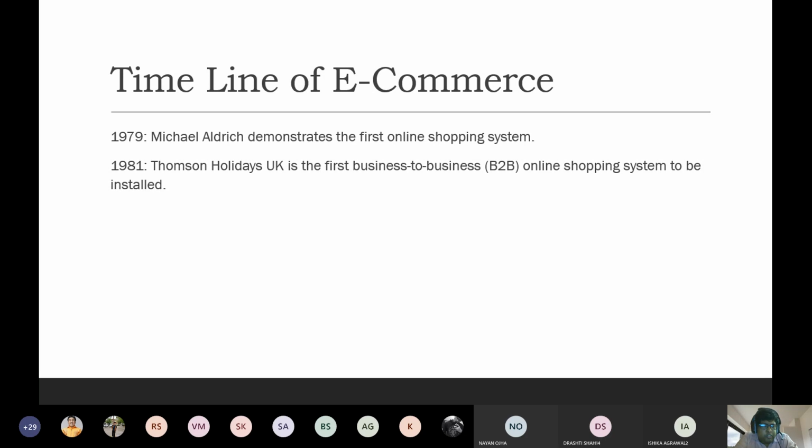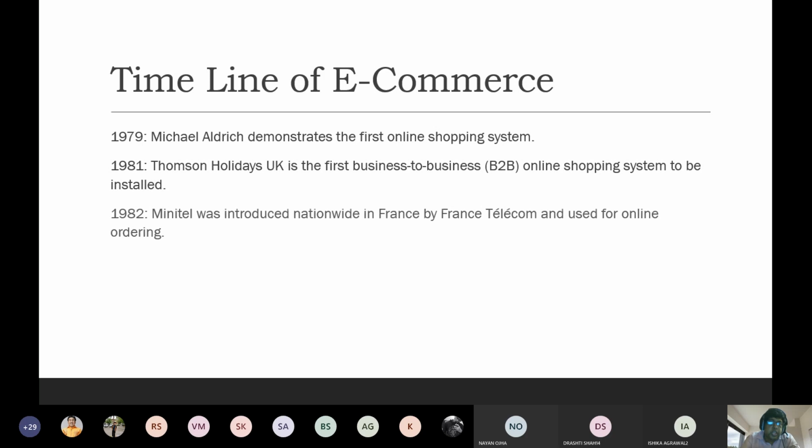Thomas Holidays, I believe you are all already aware of as one of the leading companies in the travel industry, was the first one to set up a B2B online shopping system. They had no websites at that time, but they decided to go through the system and get it installed into their workspace.